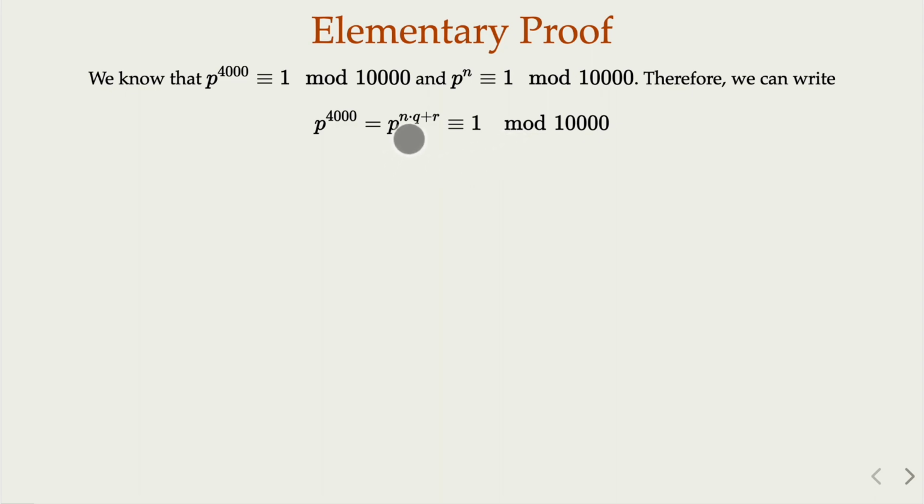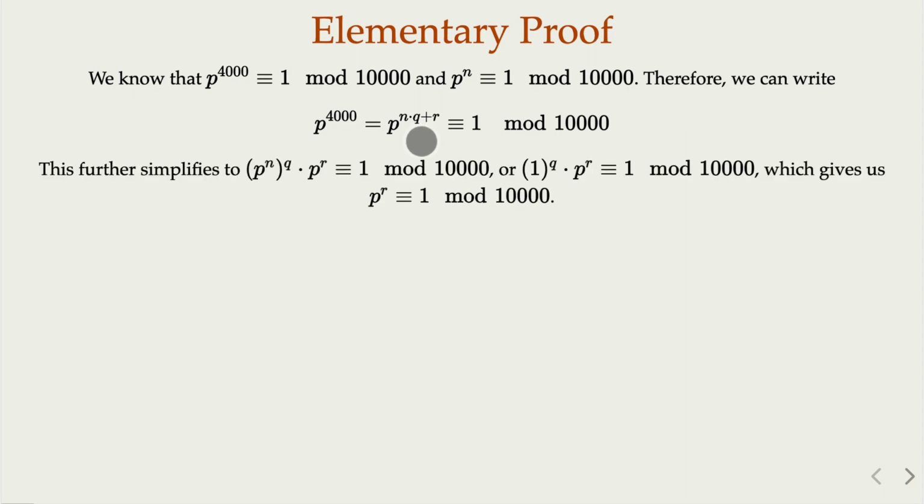But you can rewrite this, because p to the n is 1 mod 10,000, so you can split this part into two parts, and this is 1 raised to the q power, which is 1. So p to the r is going to be equal to 1.